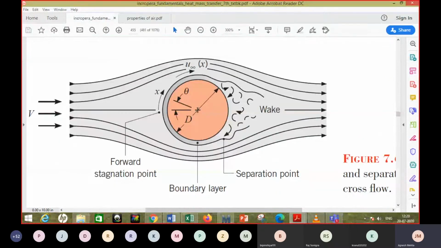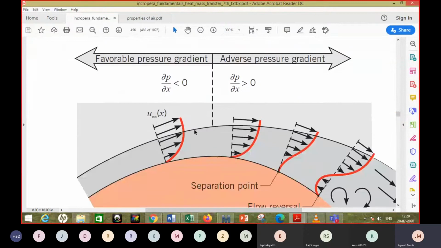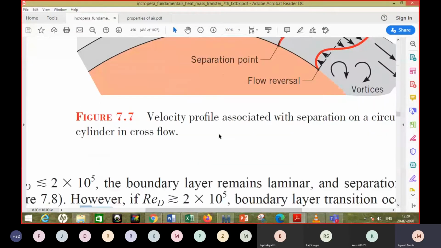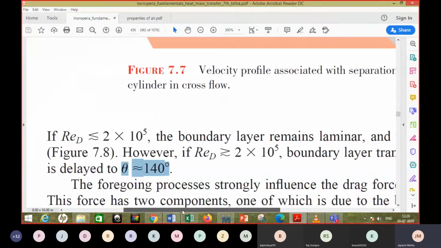So this seems to be an example where the separation, as you can see, is somewhere around 140 degrees. So this could be an example of turbulent flow, but if the flow is laminar, then separation would take place much earlier. So let us watch a video where this is demonstrated. Flow visualization is shown, how the flow is visualized.